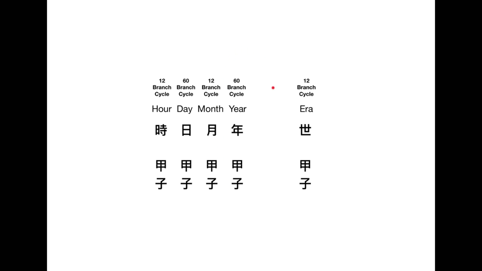And there could be any of the 60 stem branch cycles of the year. So then the era cycle is similar to that, meaning that there are 12 branches per complete cycle.